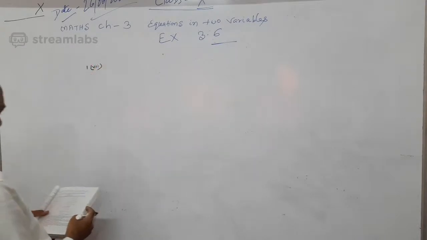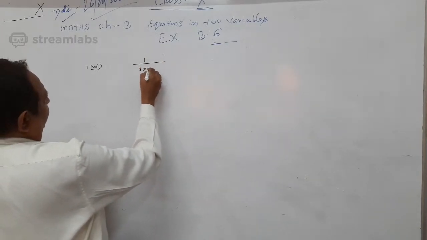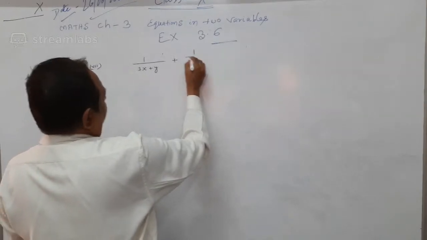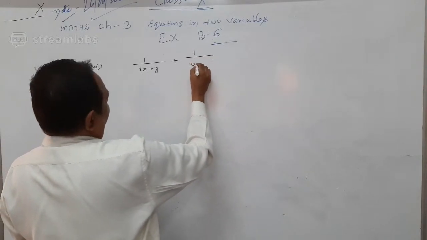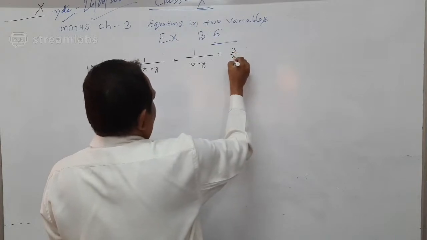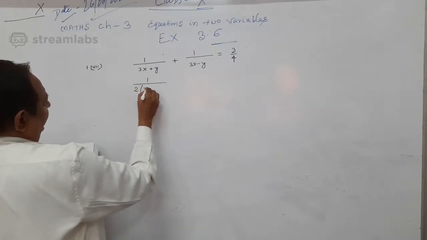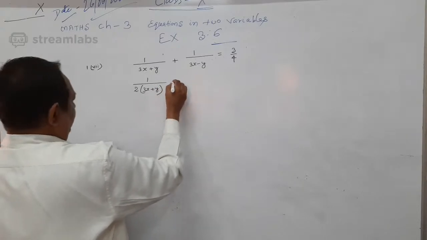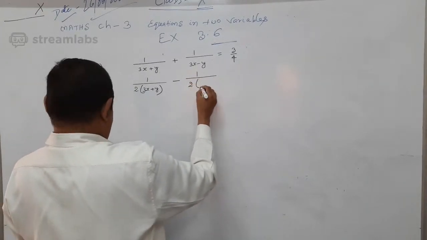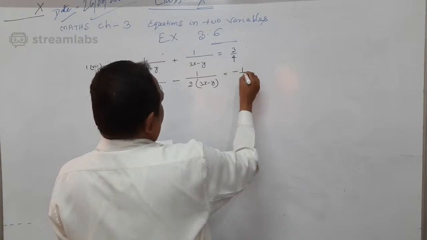Eighth part: 1 upon 3x plus y plus 1 upon 3x minus y is equal to 3 by 4, and 1 upon 2 into 3x plus y minus 1 upon 2 into 3x minus y is equal to minus 1 by 8.